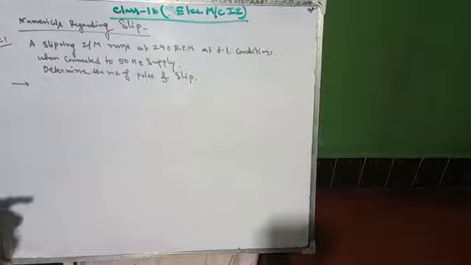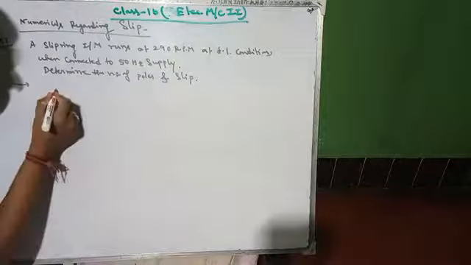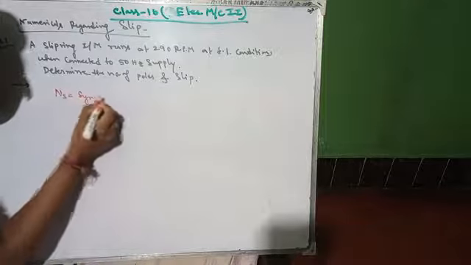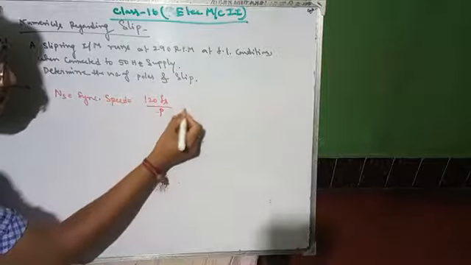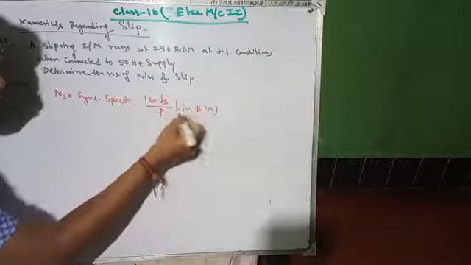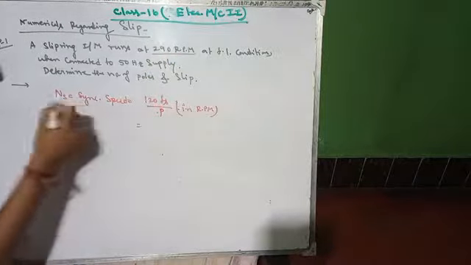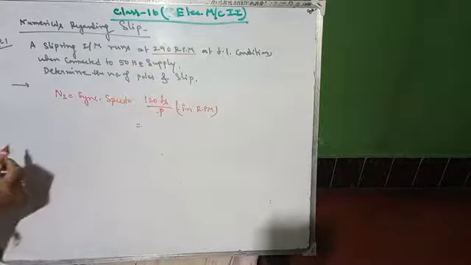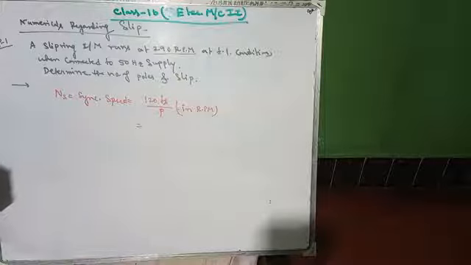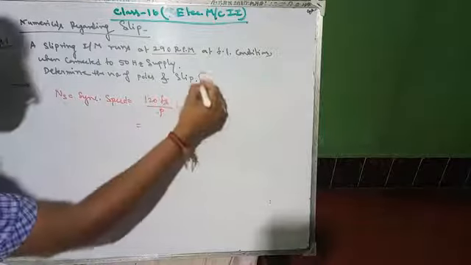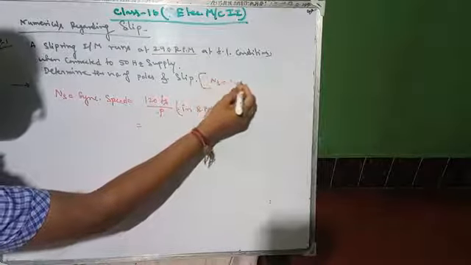Okay, so actually you have to perform the slip. ns equals synchronous speed, we know, right? The formula equals 120 fs by p in rpm. And it is in rpm, so you have to find the ns in rpm first. So given ns equals 300 rpm.